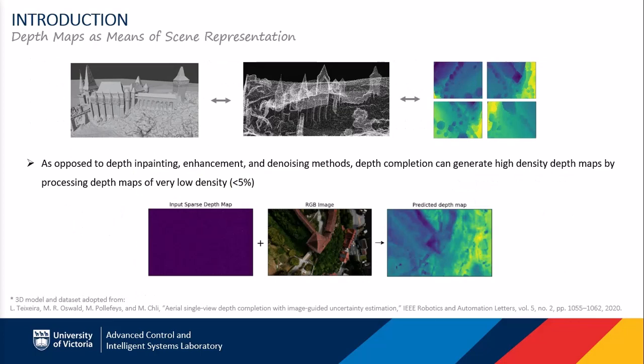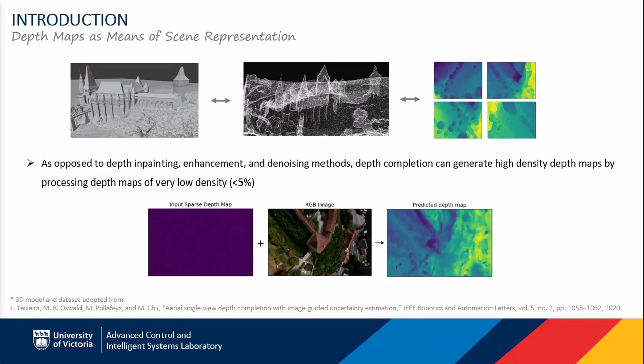But why depth maps? Among the many ways we could represent a 3D model, using point clouds and depth maps are more practical for navigation and perception purposes. Depth maps are grayscale 2D images in which each pixel represents the distance of the sample in space from the scanning device. The problem with point clouds is that they are not structured and are difficult to handle and process, especially in real-time applications.